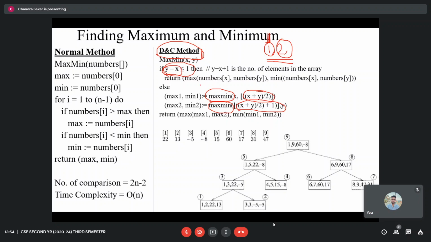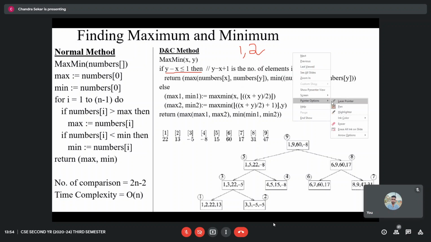Less than or equal to 1 means 0 as well as 1. y minus x is equal to 0 or y minus x is equal to 1. So when there are one or two elements in the subarray, then you can stop calling the recursion and you can return the maximum values.